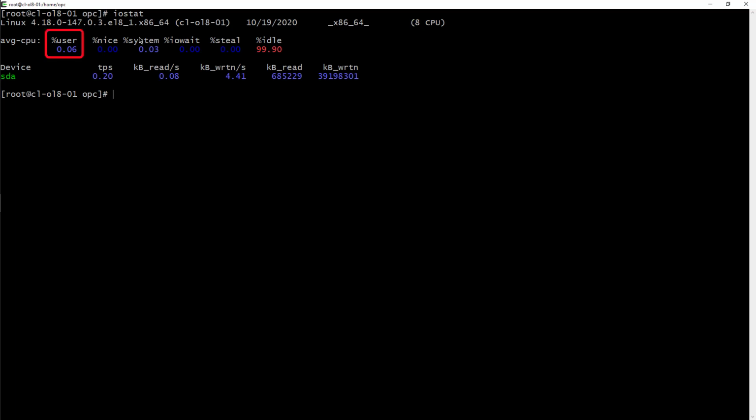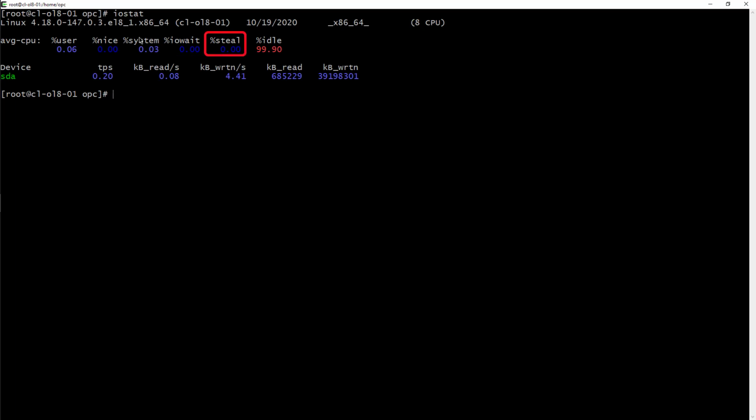User is the percentage of CPU used while executing applications at the user level. Nice is the percentage CPU used while executing at the user level with nice priority. System is the percentage of CPU used executing at the system kernel level. IOwait is the percentage of time the CPUs were idle while the system had an outstanding disk I/O request.